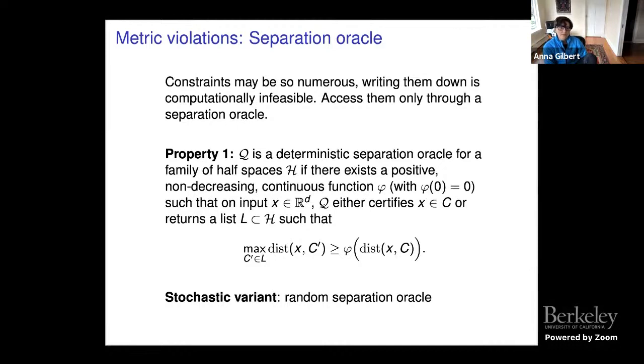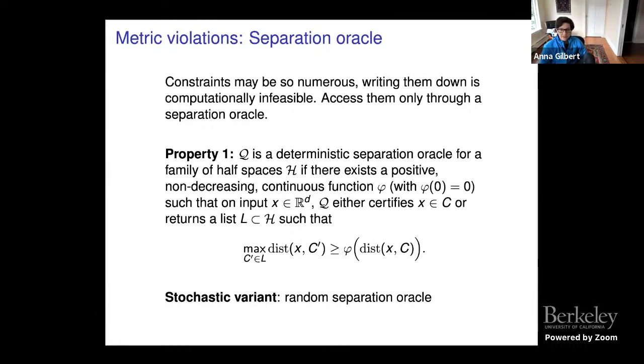Okay, so what's the separation oracle for this algorithm? The number of constraints that you have in order to satisfy a metric, especially with these graph cycle things, may be just incredibly numerous. There may be far too many. And so just simply writing them down might be computationally infeasible. And so the only way that you can access them is through a separation oracle.